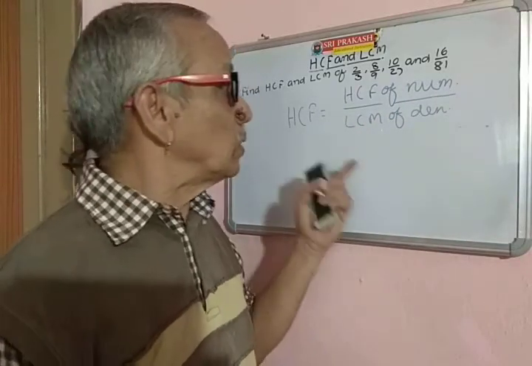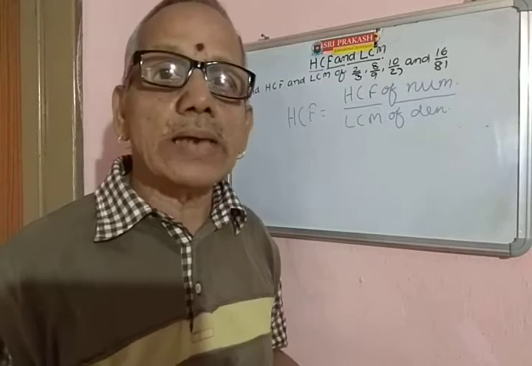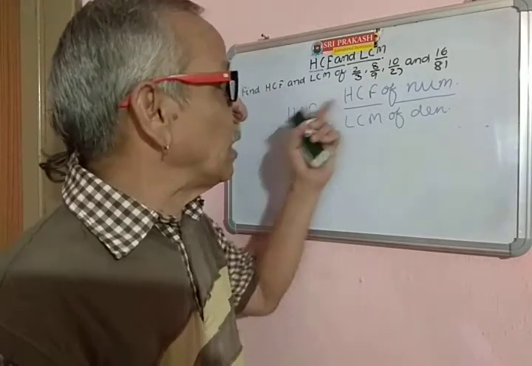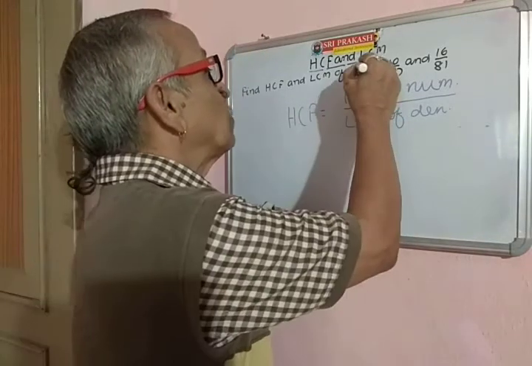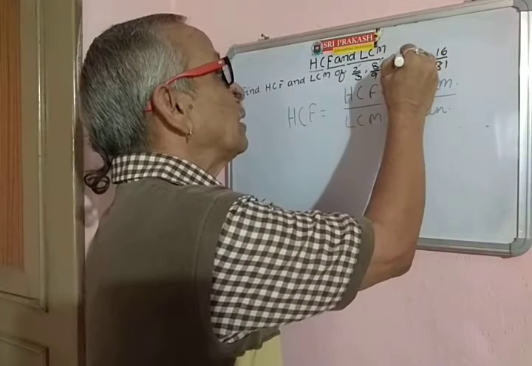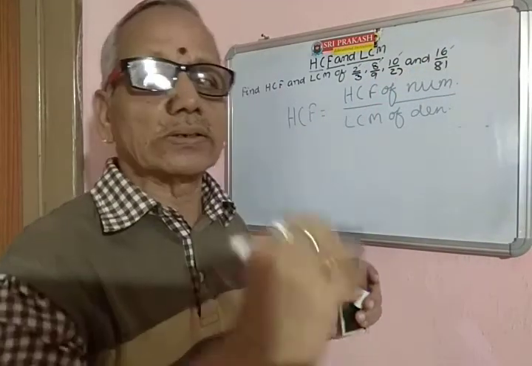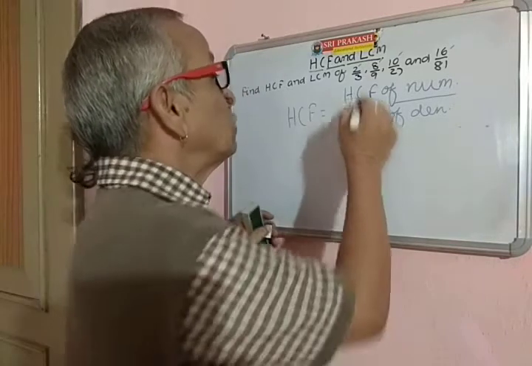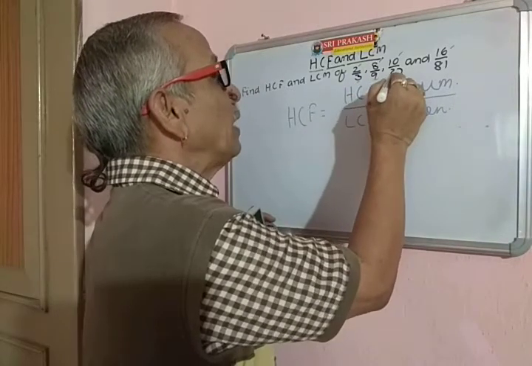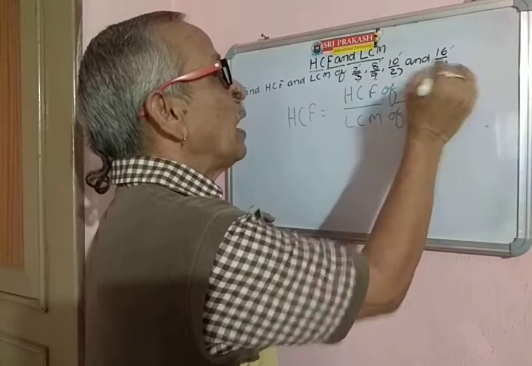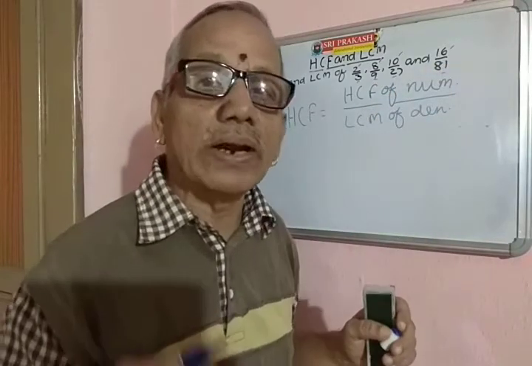Now what is numerator and what is a denominator? In the given fractions 2, 8, 10 and 16 are called numerators, and 3, 9, 27, 81 are called denominators.